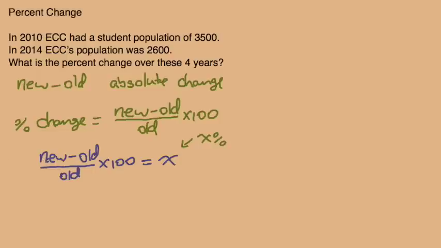Alright, in this case, the new value is the one that happened most recently, in 2014. So the new value is 2,600. So you get 2,600 minus the old value, which happened in 2010, of 3,500. And you're going to divide by the old value, which is 3,500.